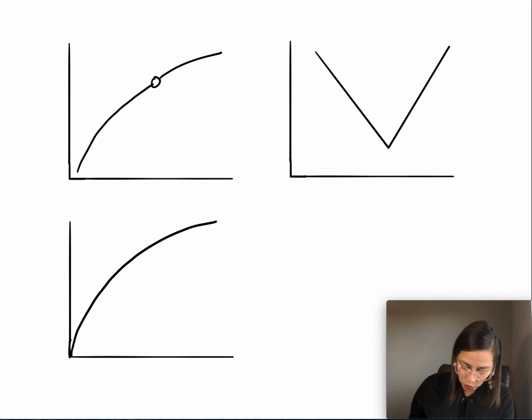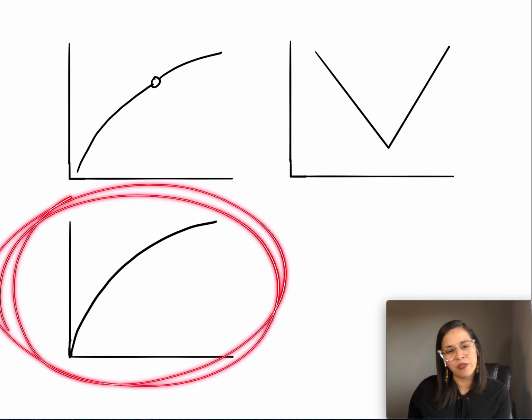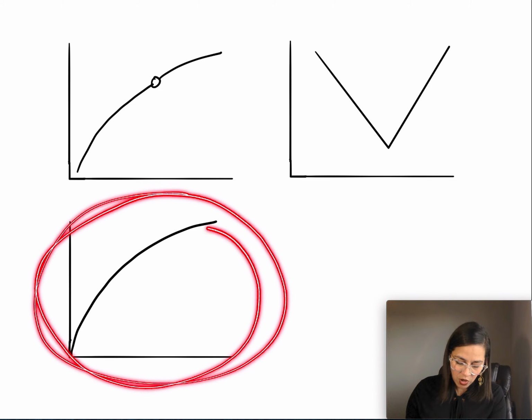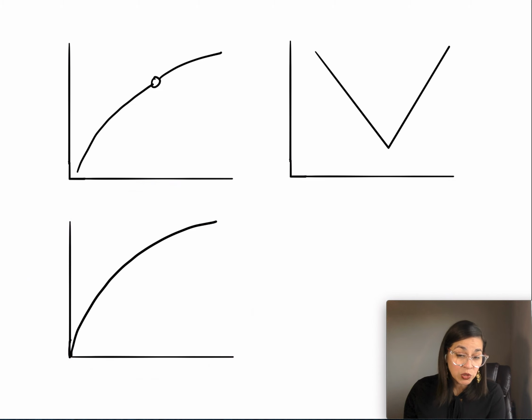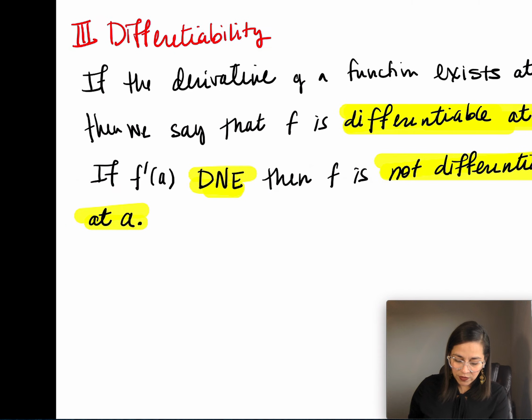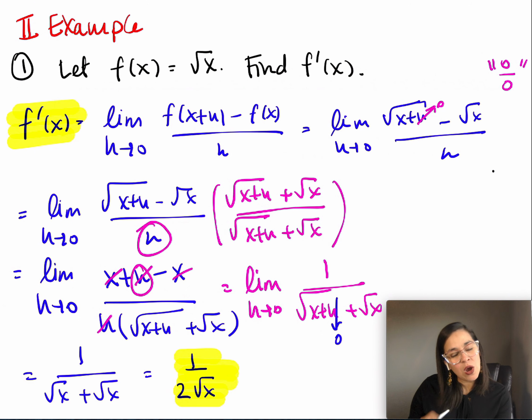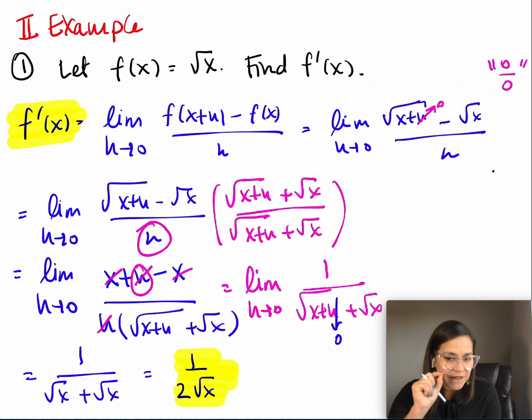So let's see. Here I have the 3 cases. I'm going to look at this one first because it looks very similar to the graph of root of x, which we already did. If you go back to the graph of root of x, which looks like that one, and we go back a little bit more, we know that the derivative as a function of x is equal to 1 over 2 root of x.